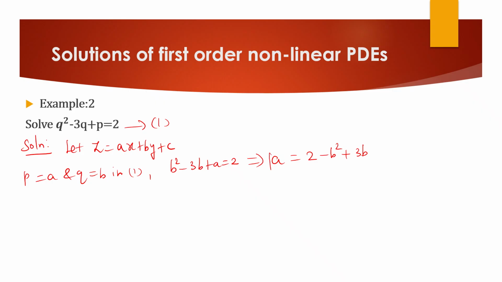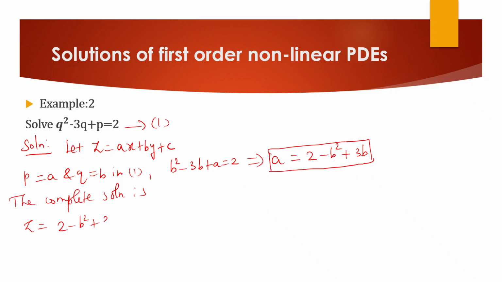So now substituting this a in that assumed solution, we get our complete solution. So the complete solution is z is equal to, we are replacing a here, so it is 2 minus b square plus 3b into x plus by plus c.